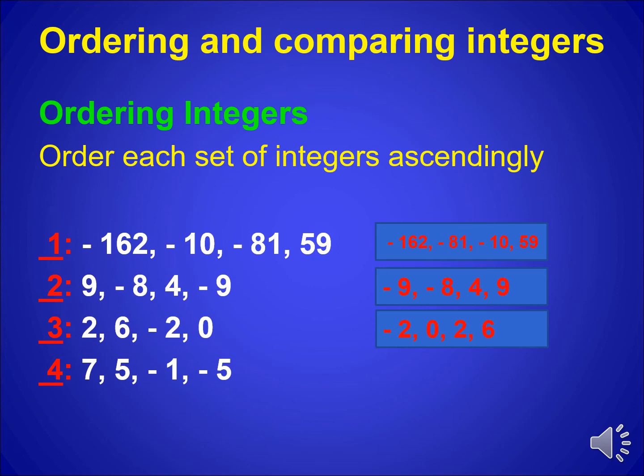Okay, which one is the smallest, negative 1 or negative 5? The greatest in the shape is the smallest in the value. So it's negative 5, the smallest one. After that, negative 1. And after that, 5. And the last one, 7. So the order will be negative 5, negative 1, 5, and 7.